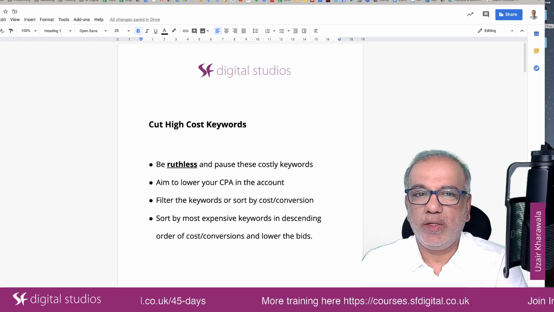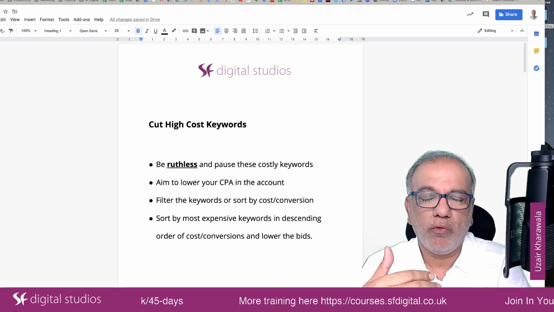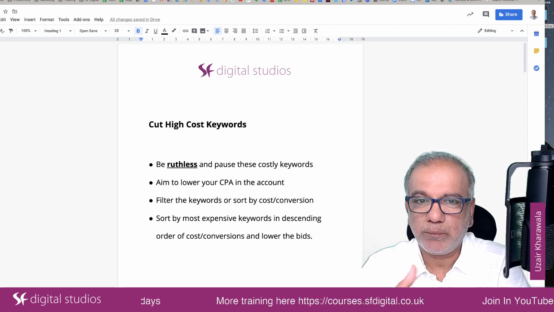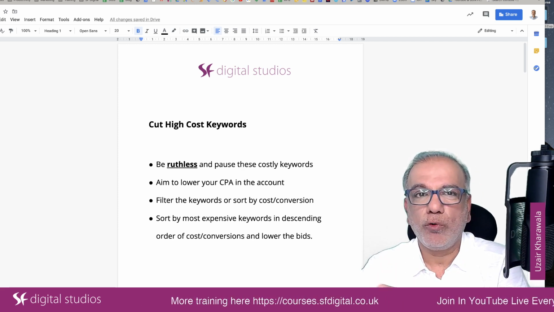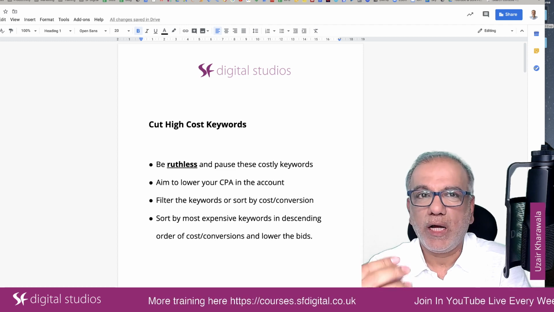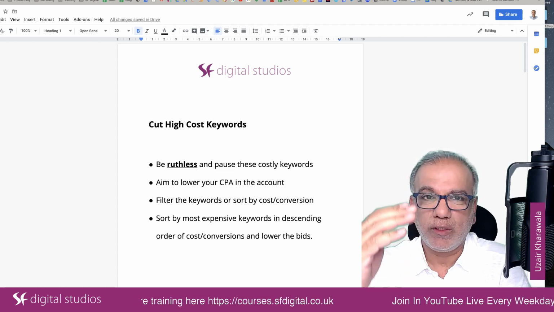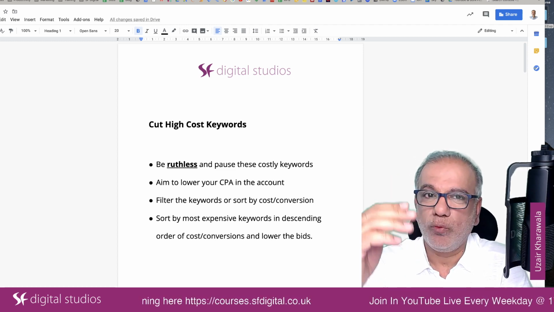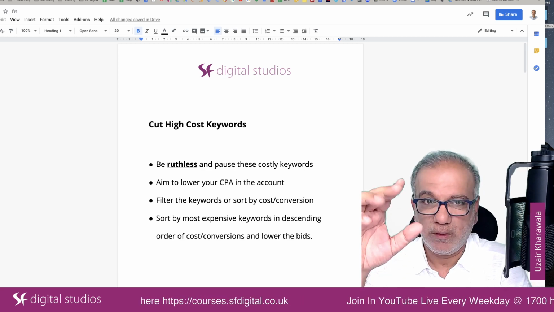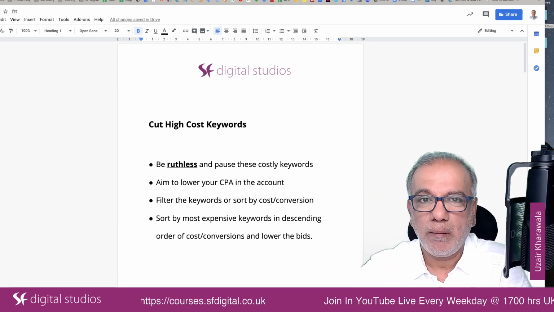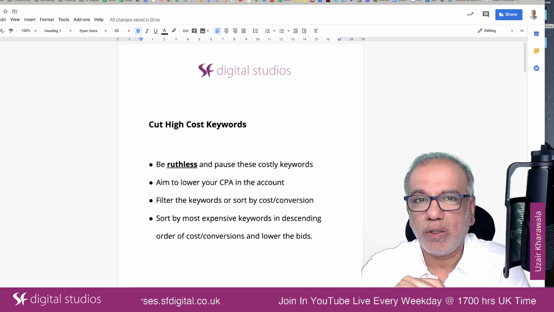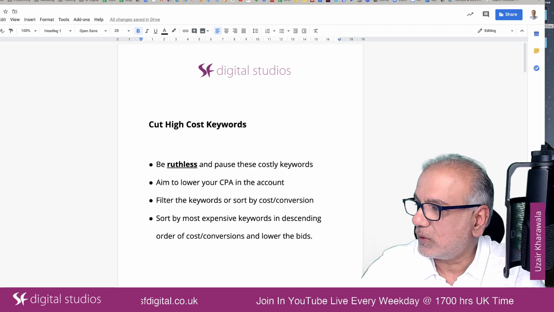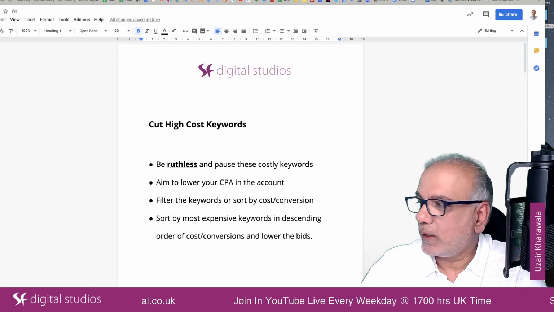So for example, we run campaigns for water damage companies where the basement has been flooded, but what people also put in is iPhone water damage. iPhone would be a negative keyword. So if I see iPhone repair or iPhone water damage in my search term list, I know straight away iPhone is wasting my budget. I need to put that or those kinds of keywords in.